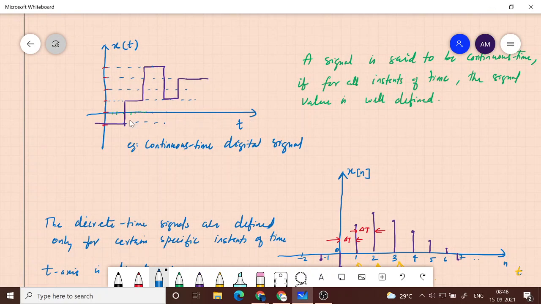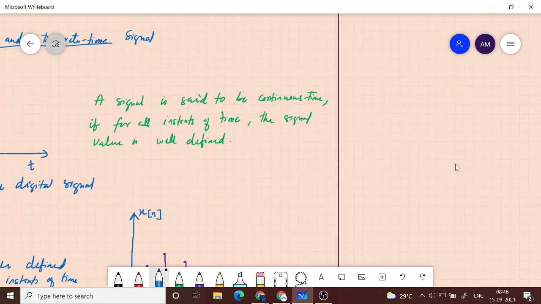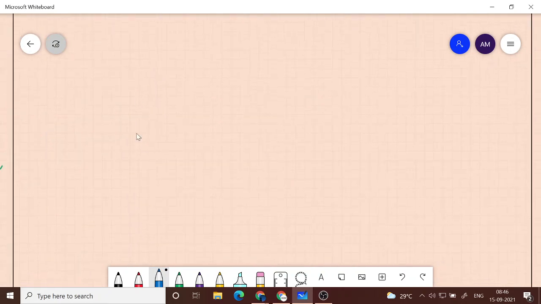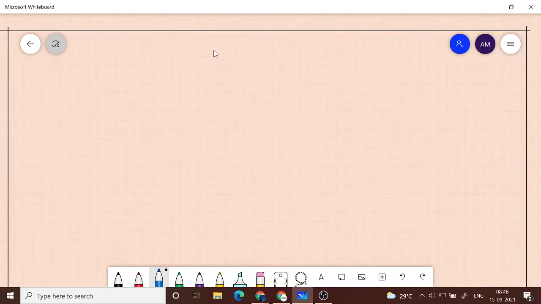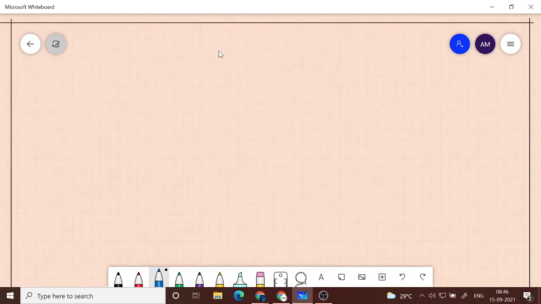Because for all instances of time the signal is defined and the amplitude is limited to certain predefined values. This is often a confusion with students, so you need to understand what is what.